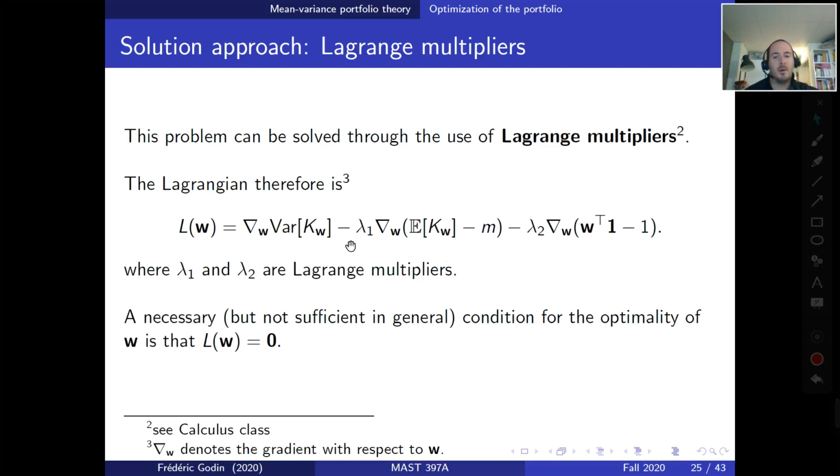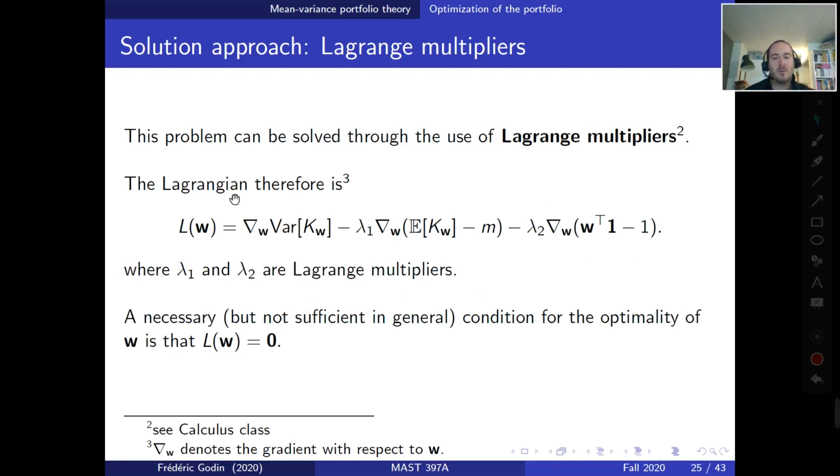So we subtract the first Lagrange multiplier times the gradient of what must be equal to 0. And since we have a second constraint, there's minus a second Lagrange multiplier times the gradient of what should be set equal to 0 in the second constraint. Here lambda 1 and lambda 2 are constants to be identified in the optimization later on.